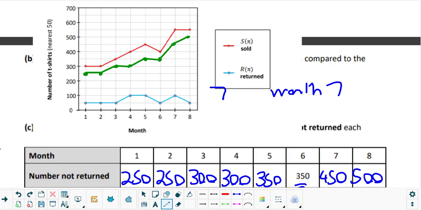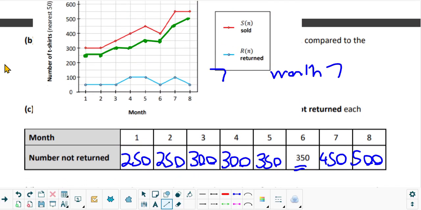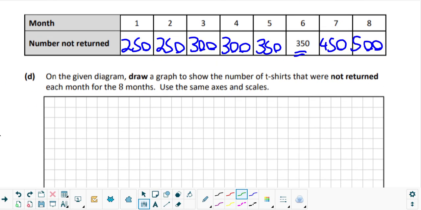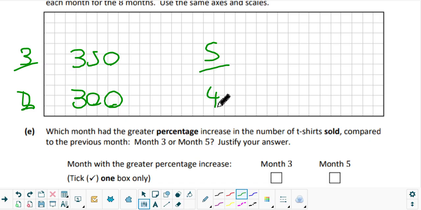Does not have to be compared to the previous month. Oh, sorry, gotcha. Compared to the previous month. Okay, so month 3 is 350 compared to. Would you all be happy that's month 3 and that's month 2? Yeah? What's month 5 and month 4?